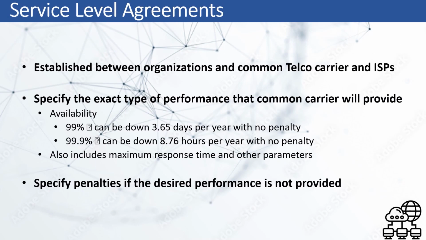The service level agreement is established between the organization and the common telco carrier and ISP. It specifies the exact type of performance that the common carrier will provide. For availability, 99% can mean downtime of 3.65 days per year with no penalty, and 99.9% can mean it can be down for 8.76 hours per year, also with no penalty.